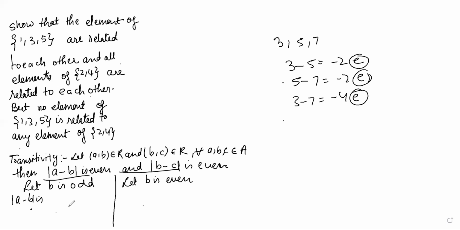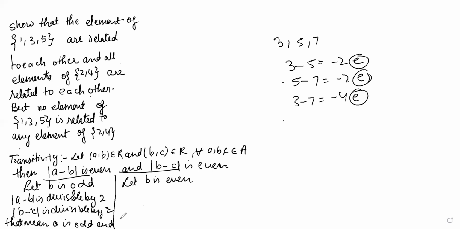A minus B is divisible by 2. B minus C is divisible by 2. So adding, that means A is odd and C also is odd.